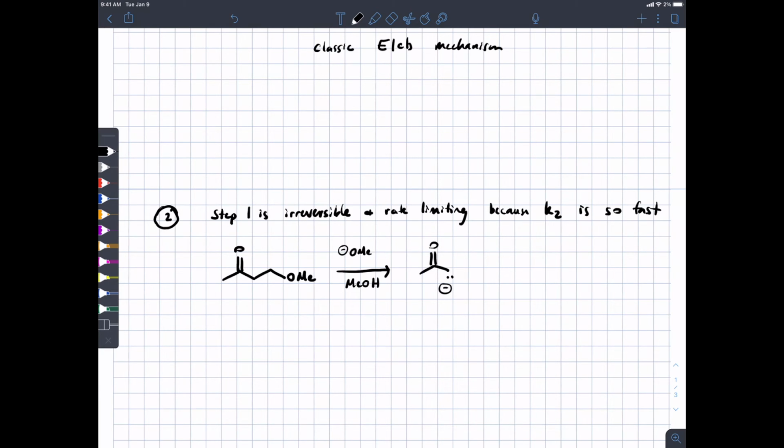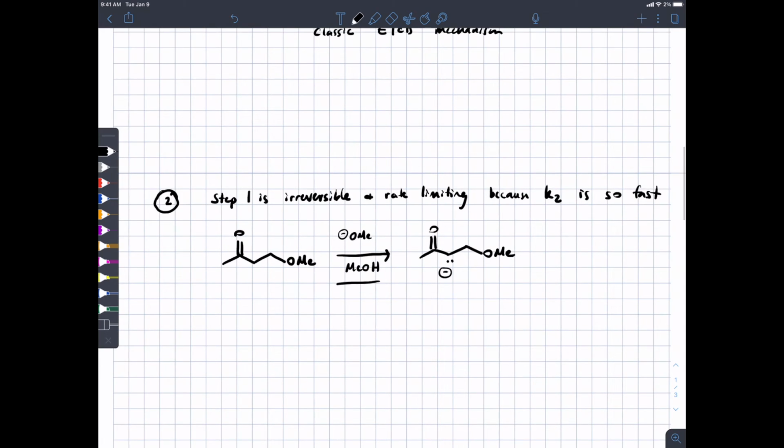I'll draw this resonance structure of the enolate. Not very much of that forms. There's an equilibrium here, k1, k minus 1, and then k2 to give you the elimination product and your leaving group. All right.